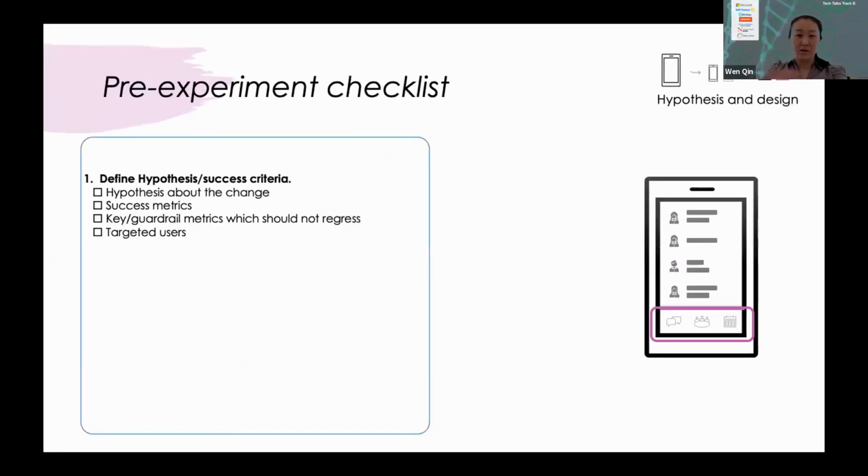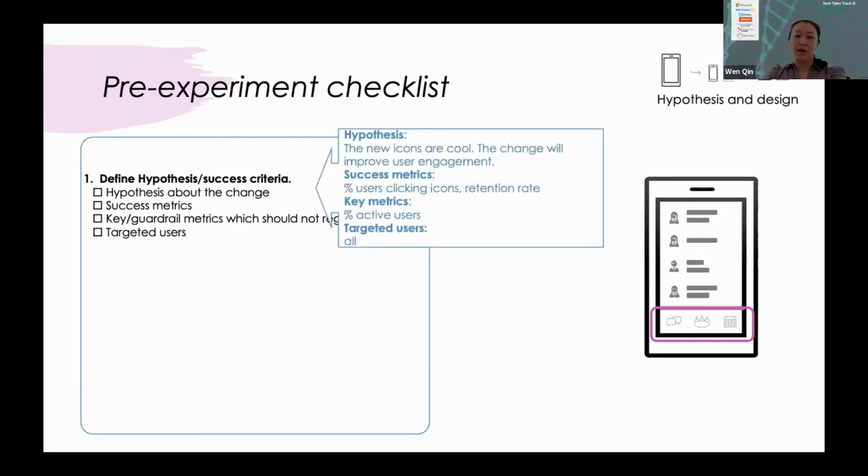We will just walk through the checklist. Before you start the experiment, you have this pre-experiment checklist at hand. The first step is to define your hypothesis. There are several points you want to check. As for your case, your hypothesis is that your new icons look so cool, and your change will improve the user engagement.